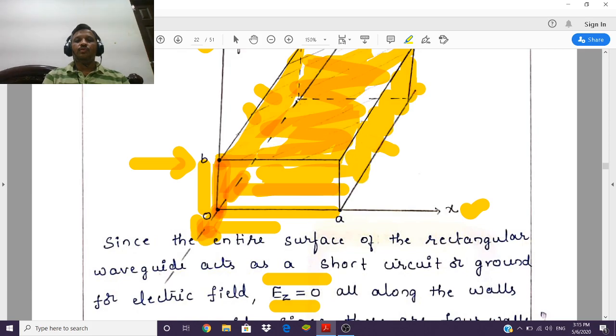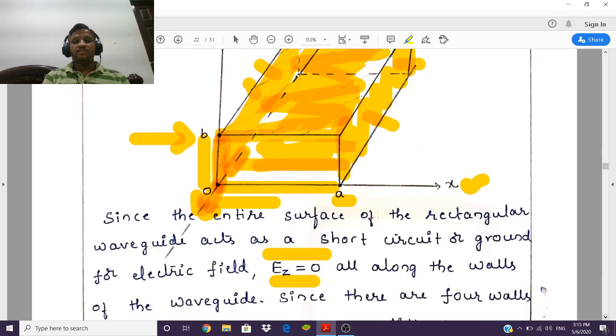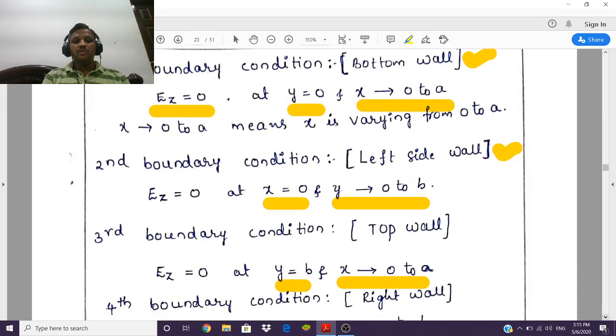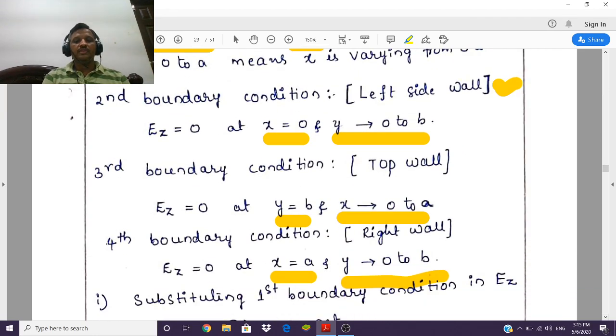It is fixed at a, which is an x value, and y always ranges from 0 to b. So x is fixed at a and y is ranging from 0 to b. This is the fourth boundary condition.